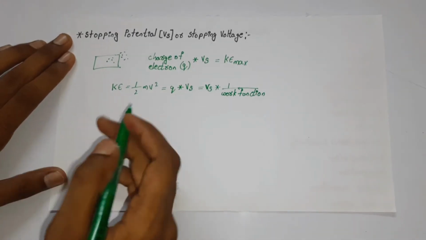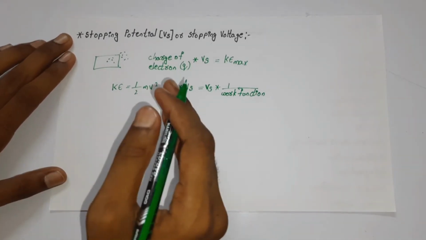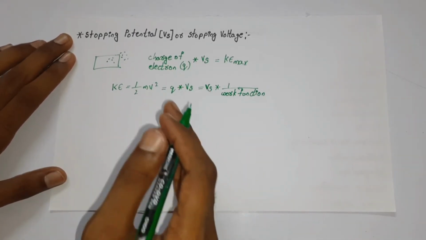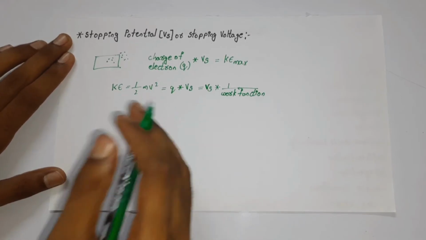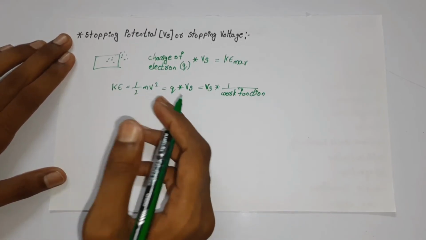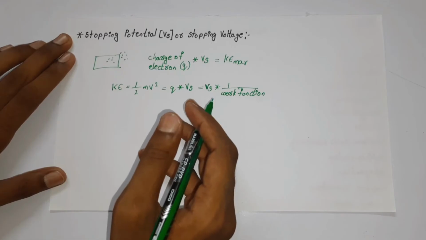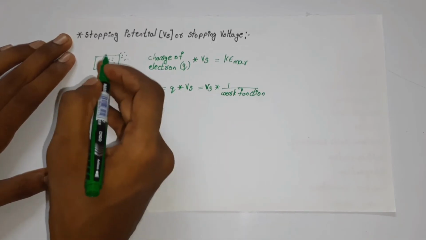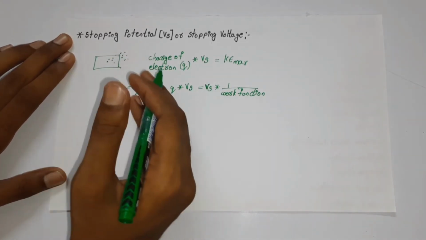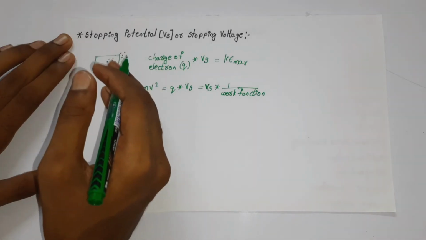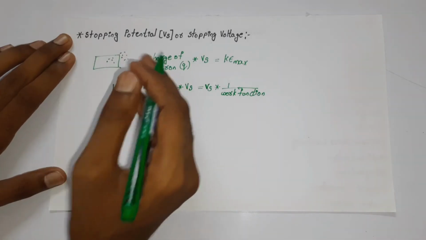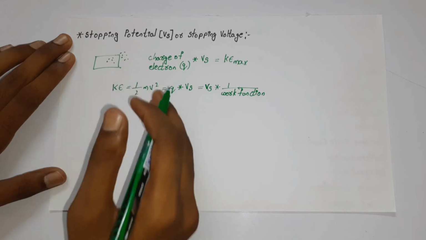So the kinetic energy will be equal to the stopping potential into 1 by work function. Hope you understand, the stopping potential is the voltage difference required to stop the electrons moving away from the plate and creating a current in the photoelectric experiment.